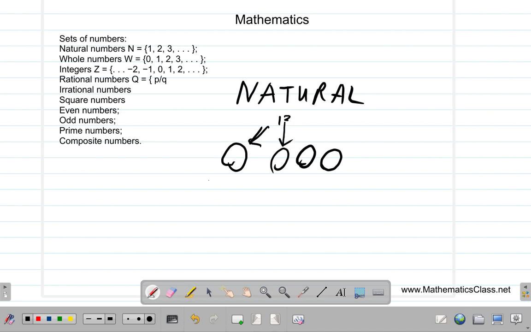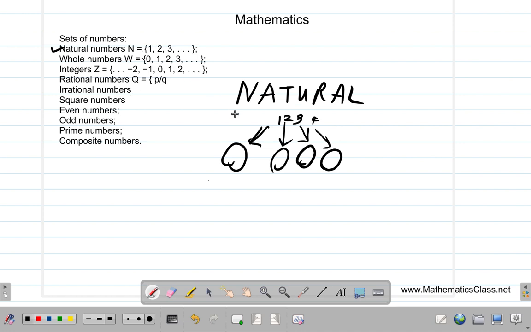Then the next one makes 2, 3, 4, and so on and so forth. When you're going to count how many chairs are in the room, you start from 1. So natural numbers start from 1. You start counting from 1. So those are natural numbers, also called counting numbers.